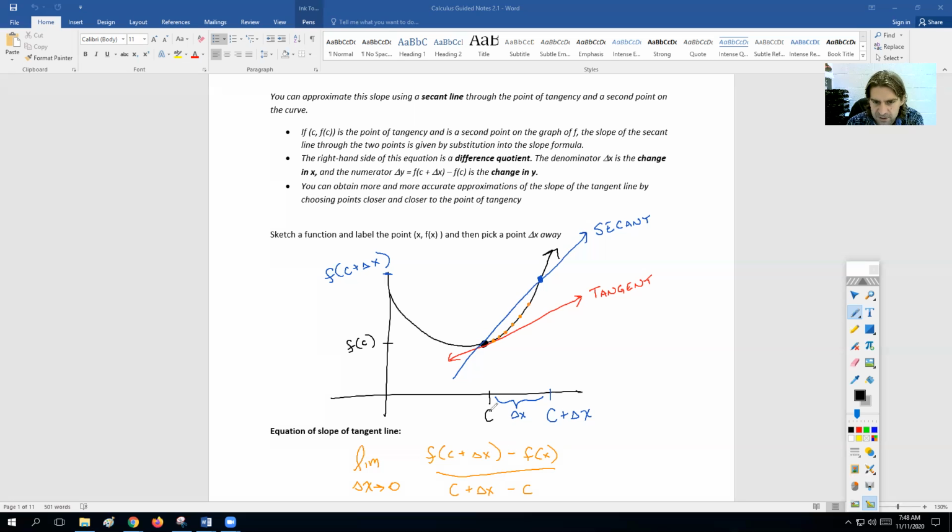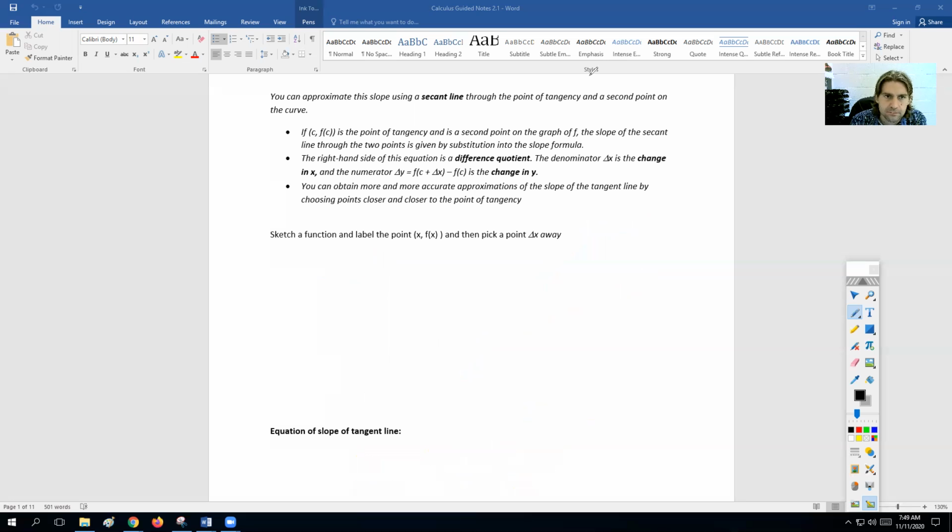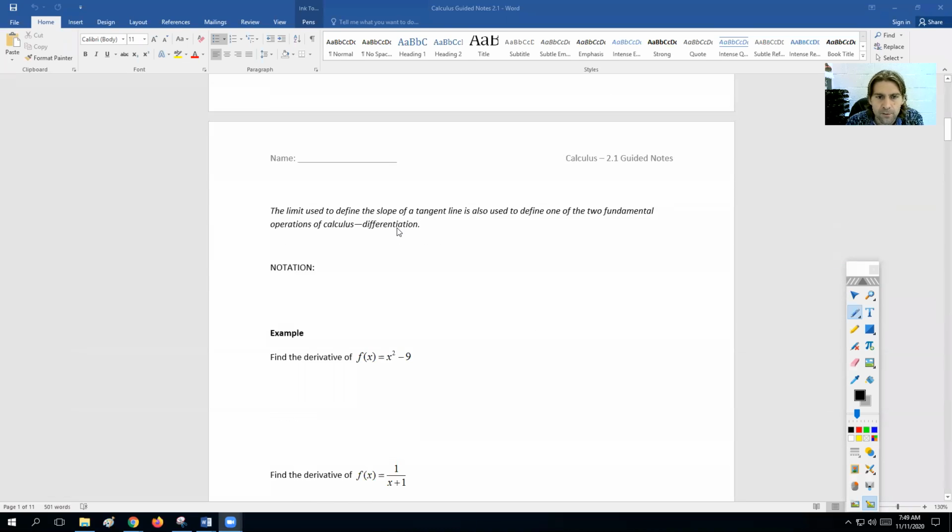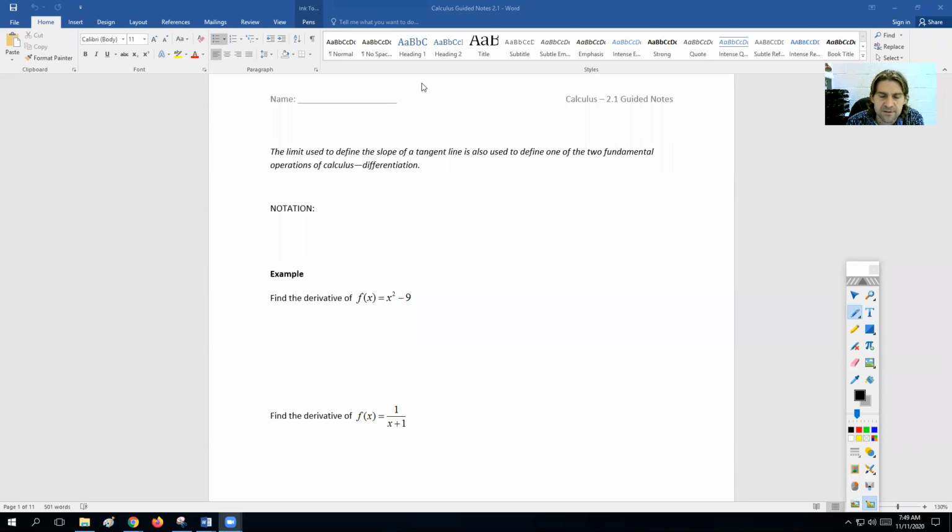Now, this wouldn't work just for c. This would work for any point on the graph, so we can replace this with x. We can say that this formula can find the slope at any point on the graph, and it will work with any x.